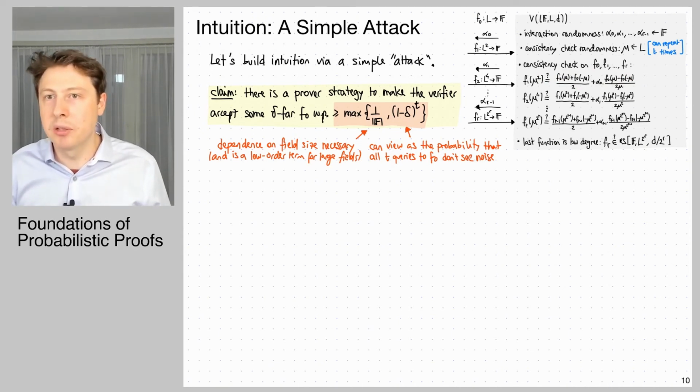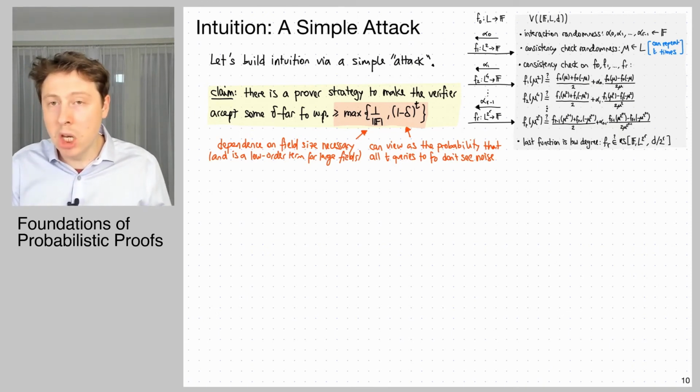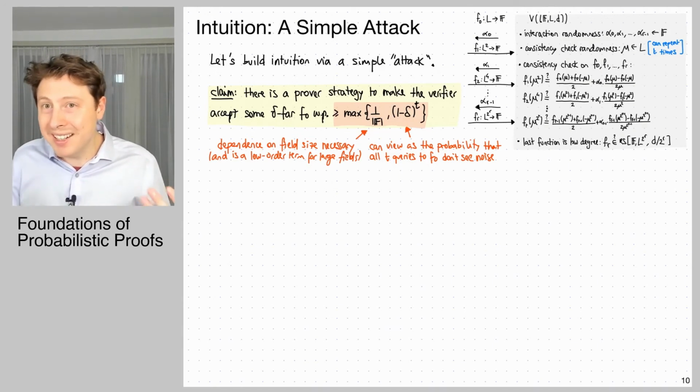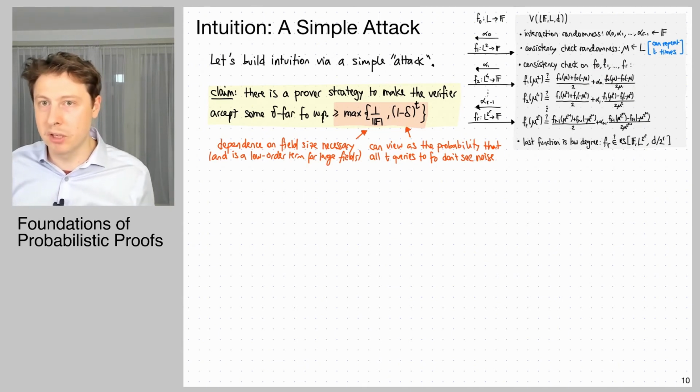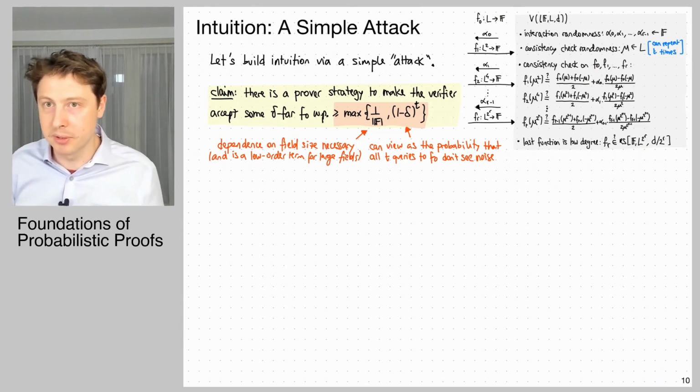You can't expect to do better than that. This is the probability that all of them fail to see the noise. So you would expect there to be an attack that works at least this well, because if those queries land on the non-noisy part of f0, there should be an honest execution from there onward to make everything else check out.